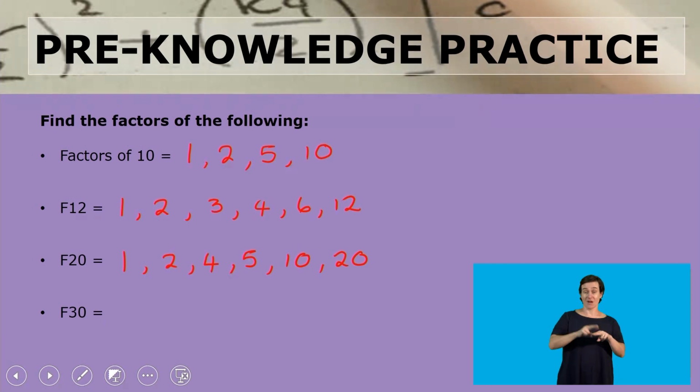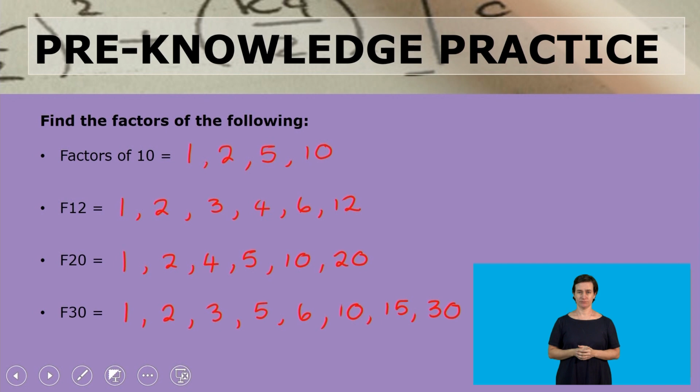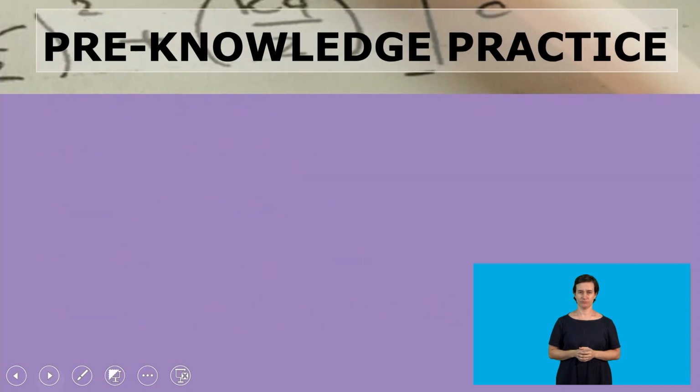Lastly, let's look at the factors of 30. This is 1, 2, 3, 5, 6, 10, 15, and 30. So we can list the factors of numbers.